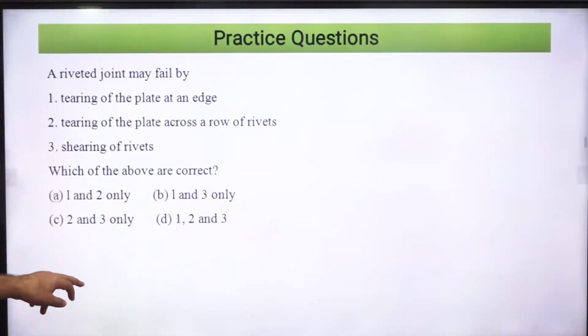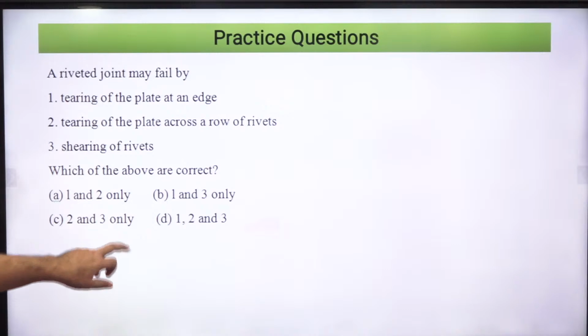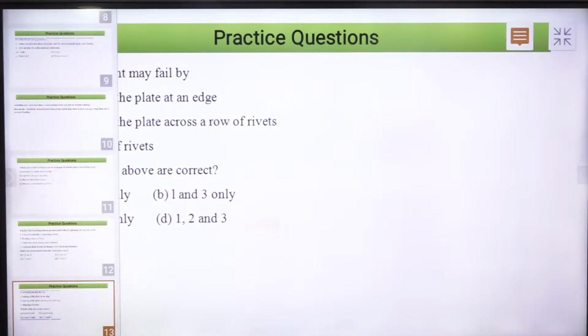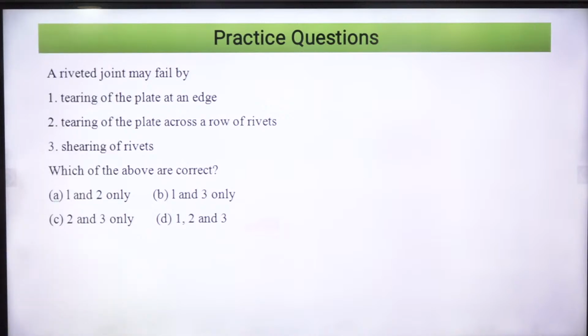Go to this one. ये रिवेटेड ज्वाइंट में फेल बाई, आंसर दो.